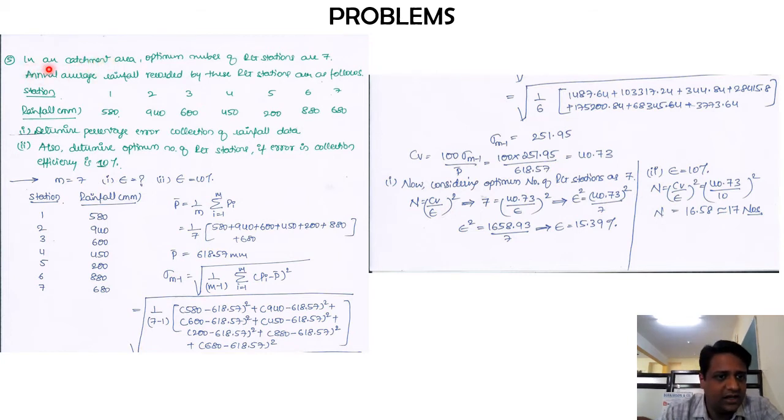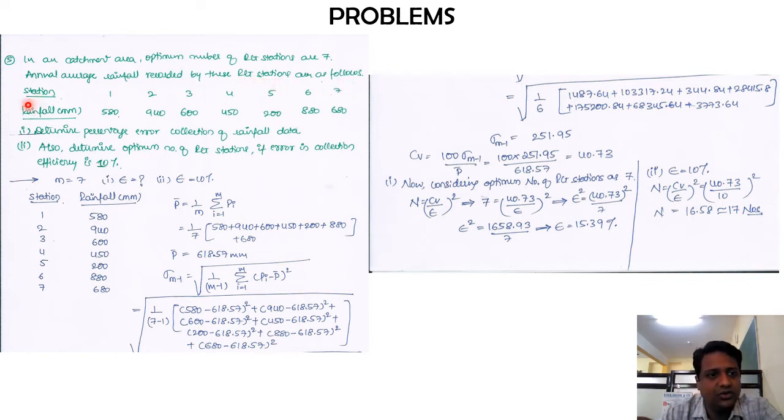In a catchment area, the optimum number of rain gauge stations is 7. In the first statement itself, they have given that the optimum number of rain gauge stations already available in the catchment area is fixed at 7. The annual average rainfall recorded by these rain gauge stations is as follows.